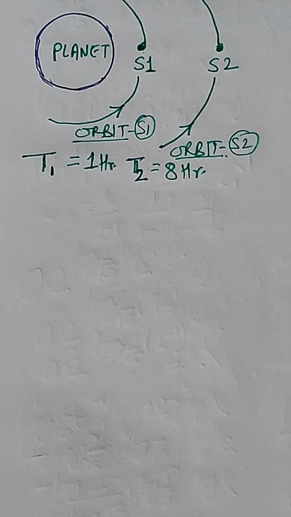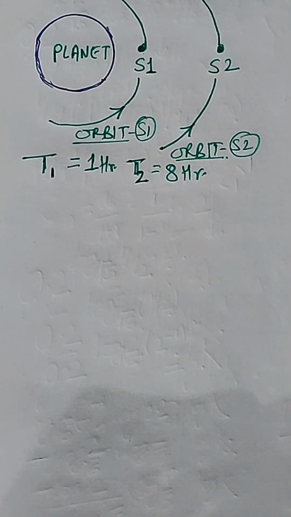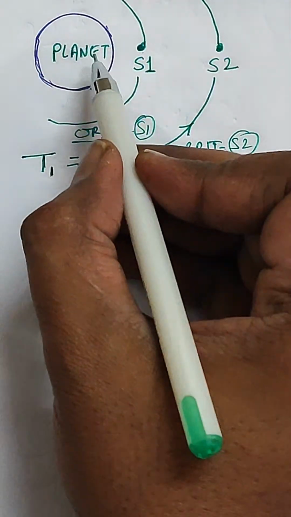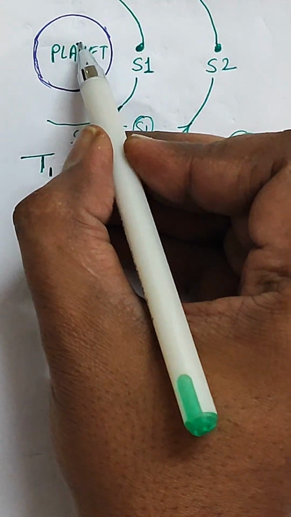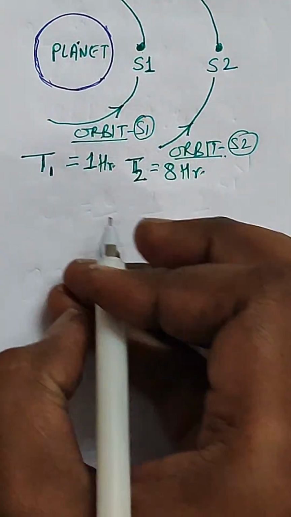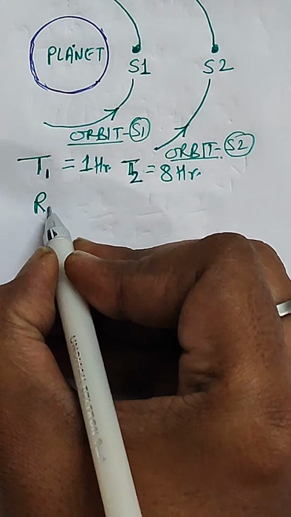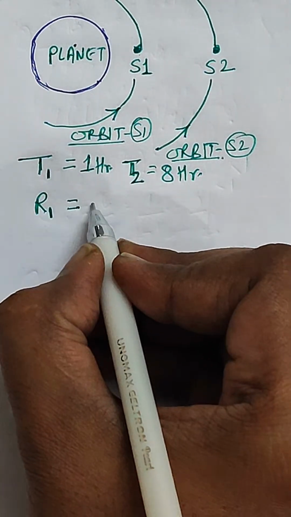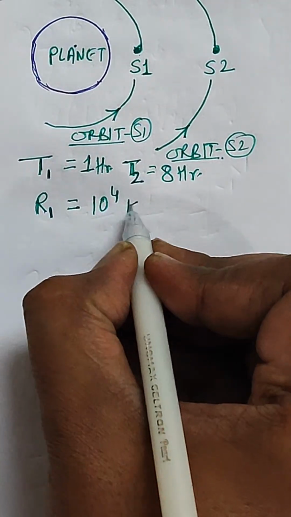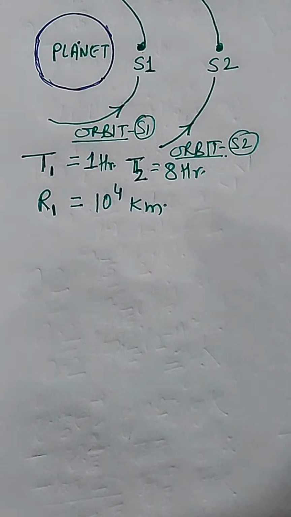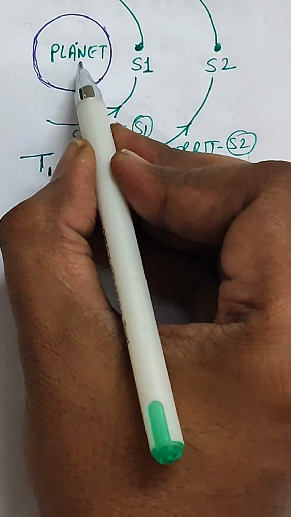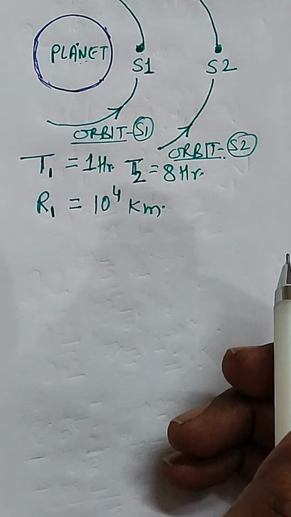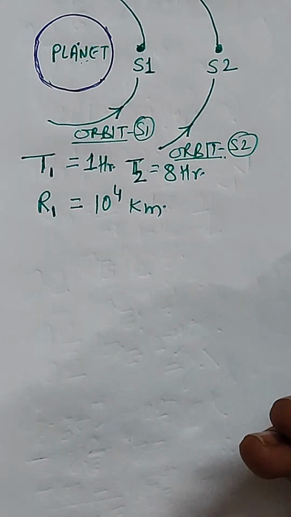Now what we need to find: it's also given that the radius of the orbit of S1 is 10 power 4 kilometers. So we can say R1 is nothing but 10 power 4 km, given to you. So this is for R1, and for R2 it's not given.